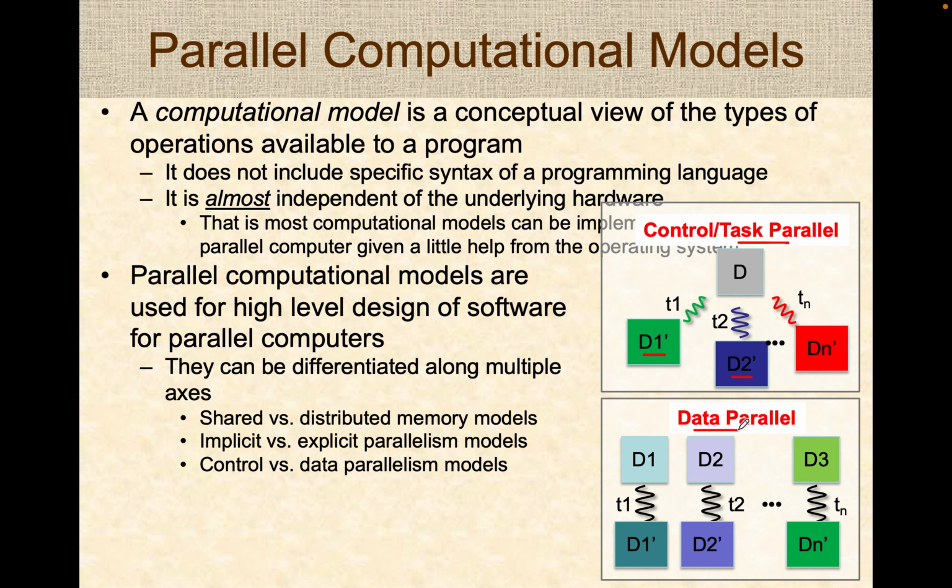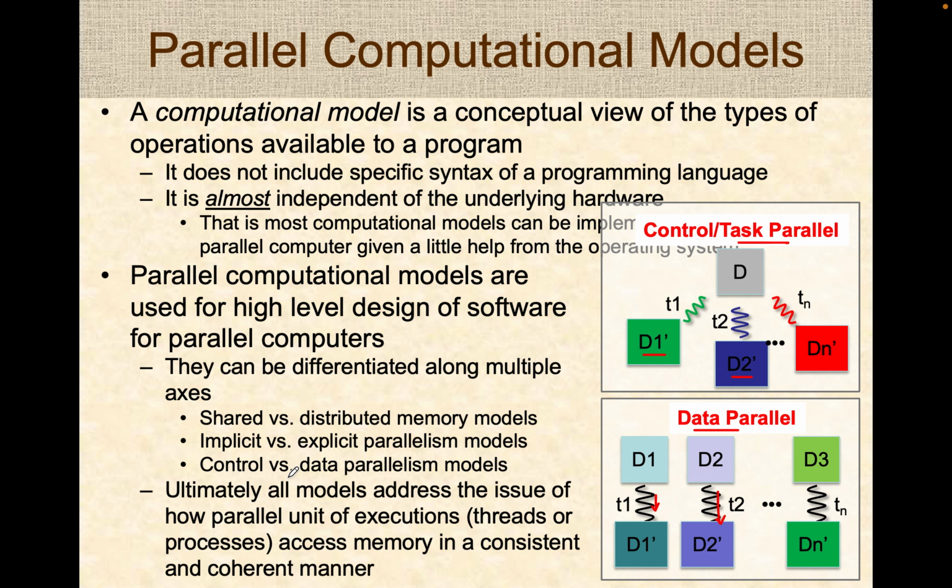Conversely, in data parallel, you have multiple data items, and typically you will apply the same transformation or same algorithm to convert each one of the input items to an output item using multiple threads or processes. And this distinguishes control and data parallelism. Ultimately, all of these conceptual computational models address the issue of how parallel units of execution access memory and perform operations in a consistent and coherent manner.